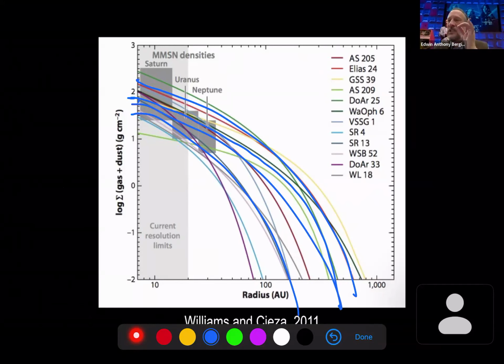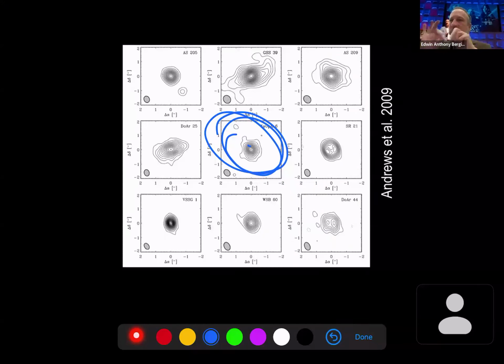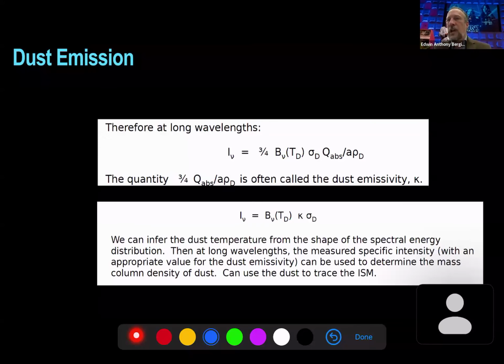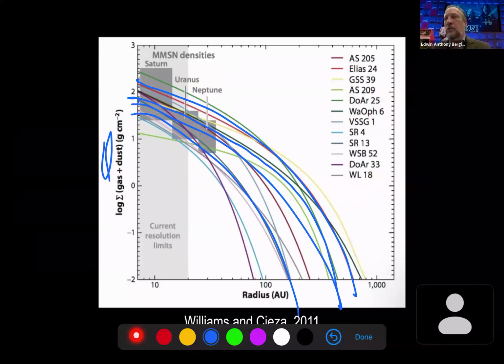That is because the dust emission that we're seeing here bears information on the amount of dust that is present. And if I make assumptions about how that dust emits, and that's what's encoded in the equations here that you can look at, I can then extract the amount of material, and that's what Sean is plotting here.